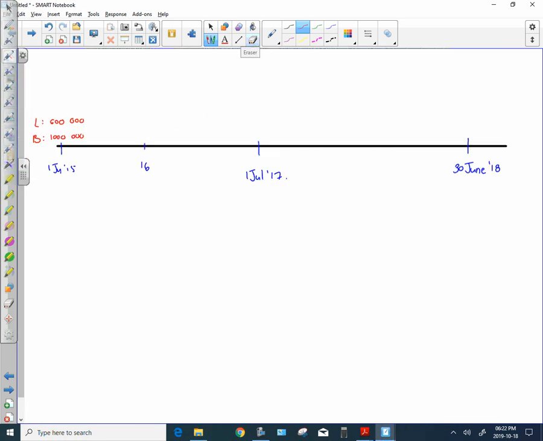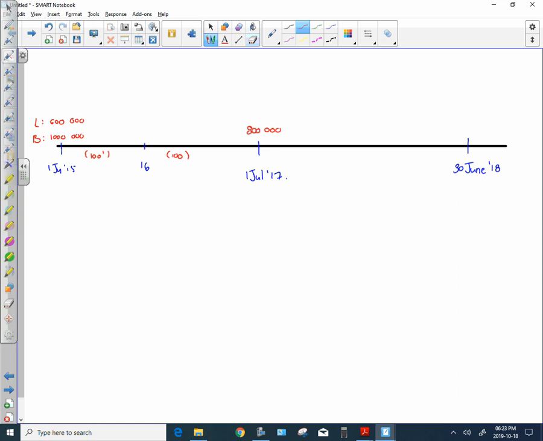So do you agree with me that every year we would have depreciated 100,000? 1 million divided by 10 gives you 100,000. Everybody happy with that? Cool. So do you agree that the opening balance for this building, carrying amount wise, would have been 800,000 on the 1st of July 2017? Is everybody comfortable with that?